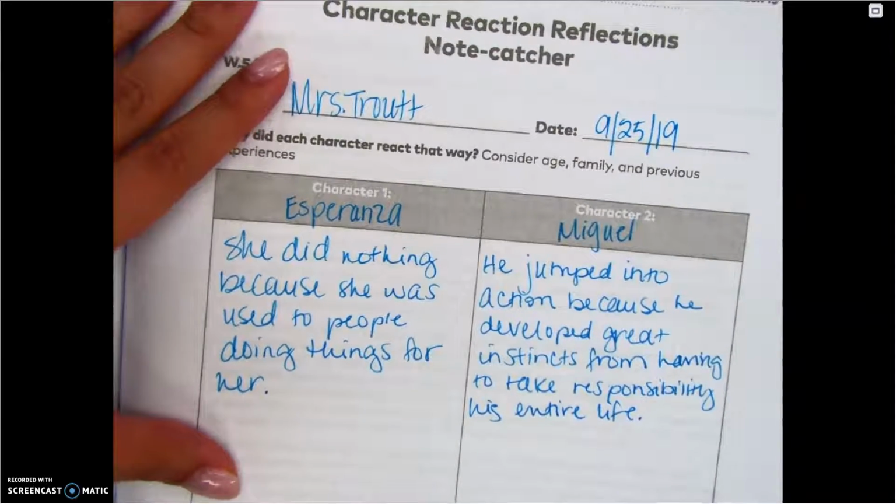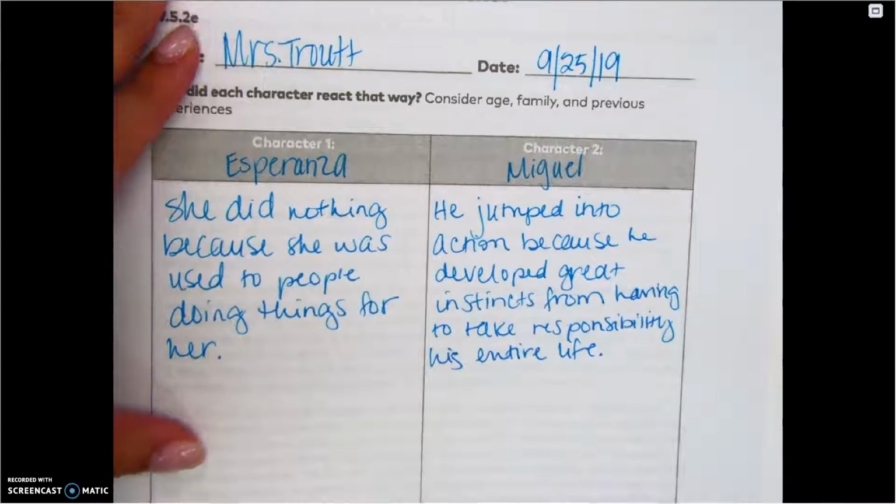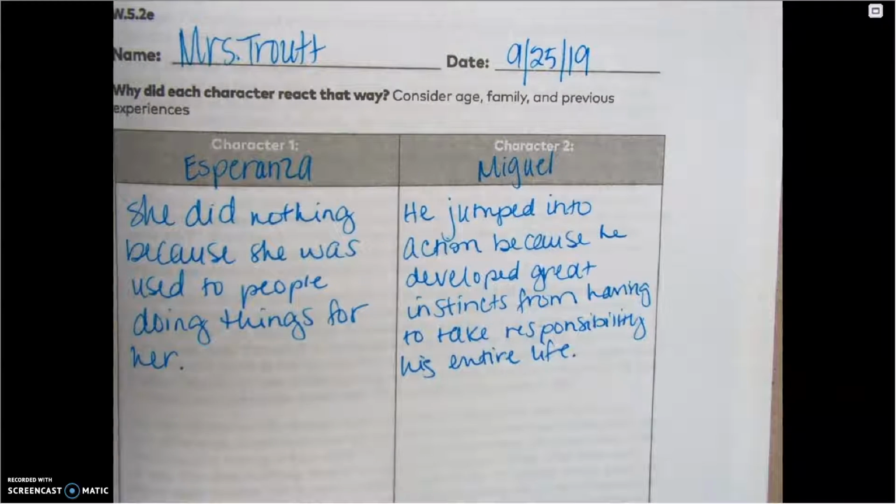He jumped into action because he developed great instincts from having to take responsibility his entire life.